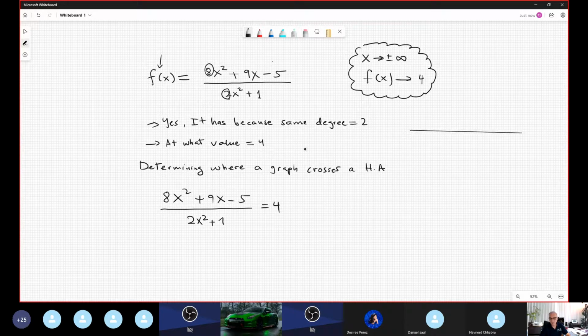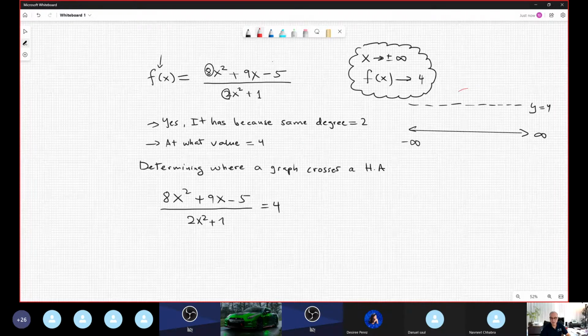This is the real number line, infinity, negative infinity. This is the line y equals 4, the horizontal asymptote. I have no idea how my graph looks, and at infinity I don't know if it's below or above, but I need to investigate in the middle whether it crosses it or not.